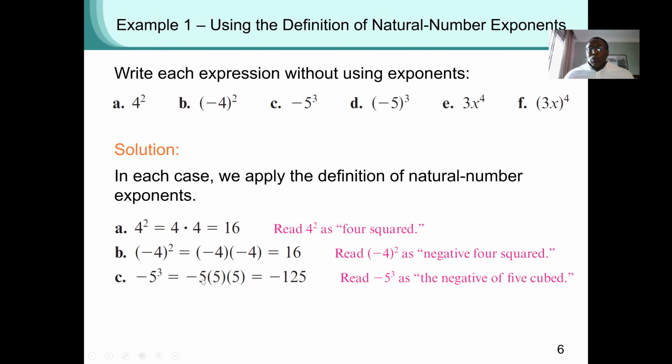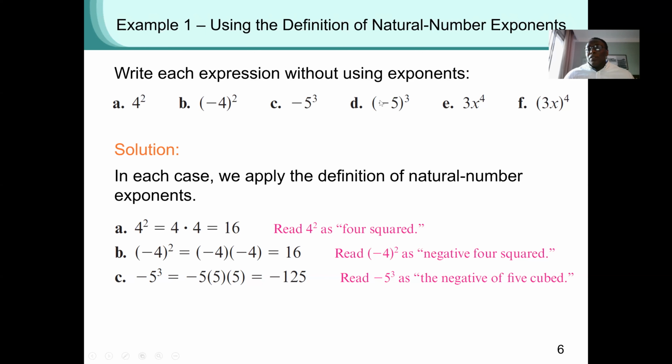So here you can see that we didn't write negative 5 times negative 5 times negative 5 because the cube, or the power, does not affect the negative value. The next example, we will see the difference between the negative affecting the power or not. So here you can see the negative 5 is in parentheses.